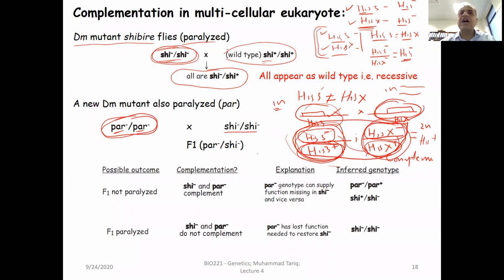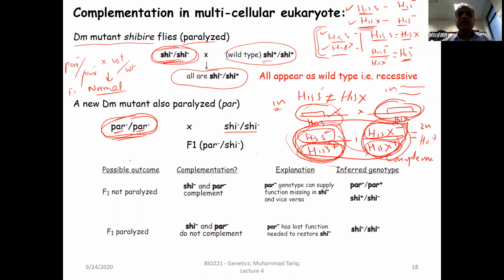After such a cross, paralyzed minus over paralyzed minus crossed with wild type over wild type, the F1 was normal. So now they wanted to see if paralyzed and Shibere are alleles of the same gene, or whether they are in different genes.